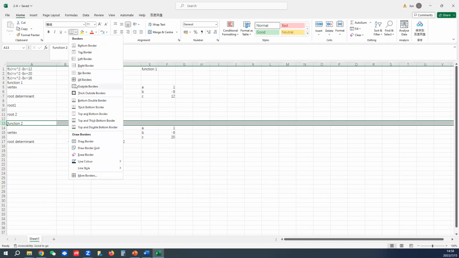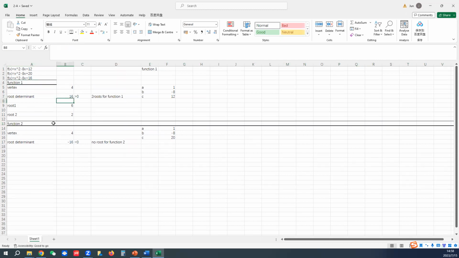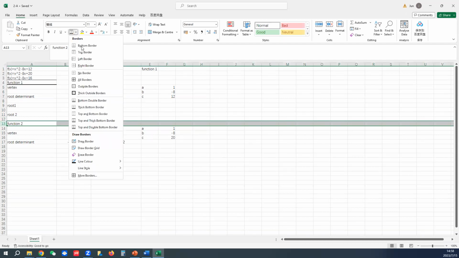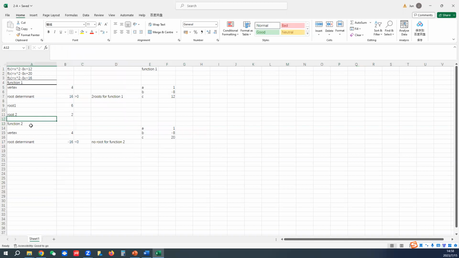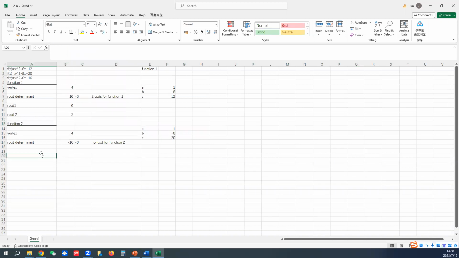Yeah, I'm gonna add a line here. For function 1, I'm gonna add a line here. Okay. So that you know we are starting from here onwards, that's function 2, and now function 3.